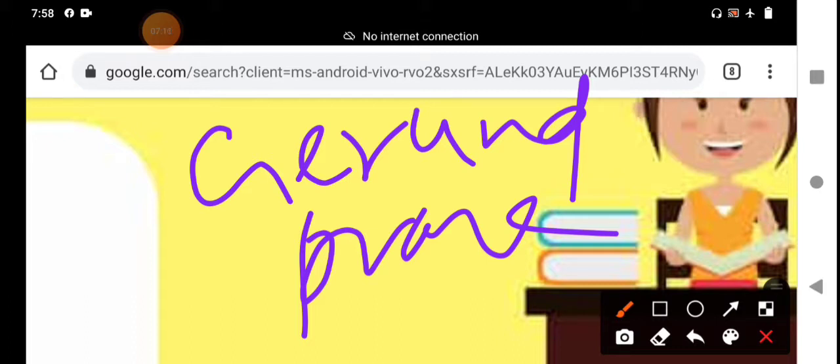That is the gerund phrase. A gerund phrase also functions in a sentence just like a noun.